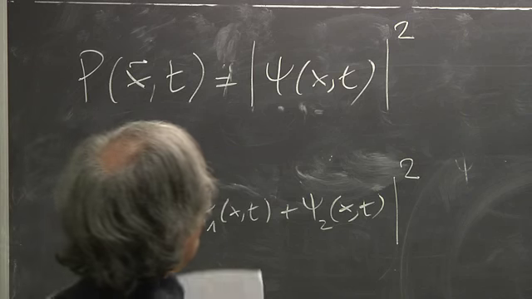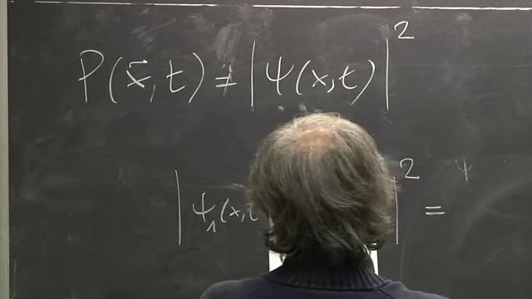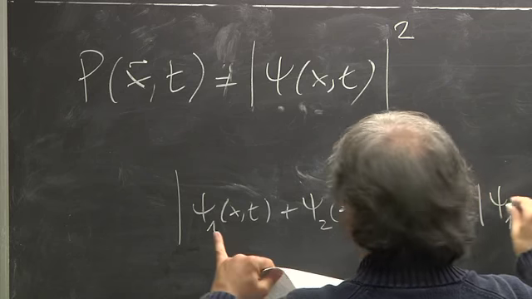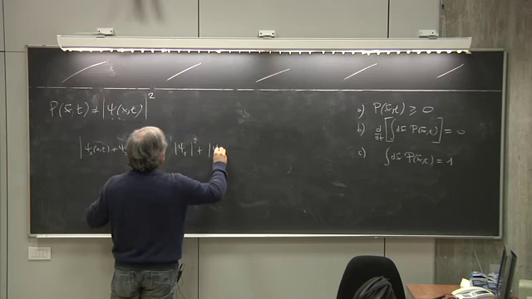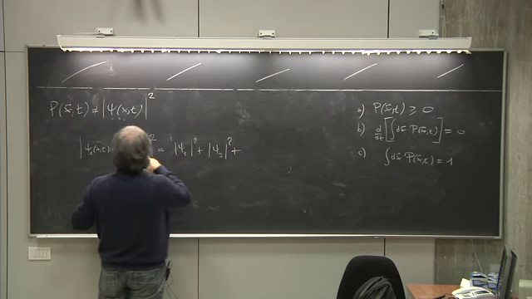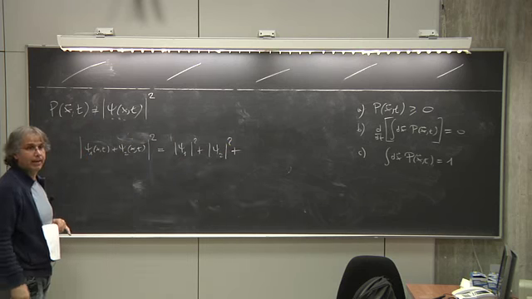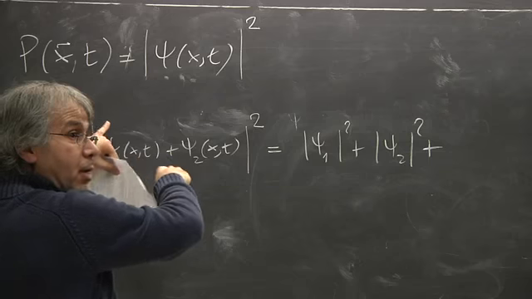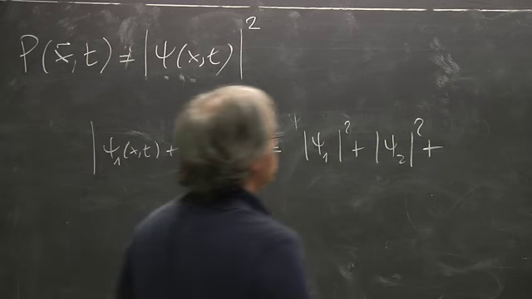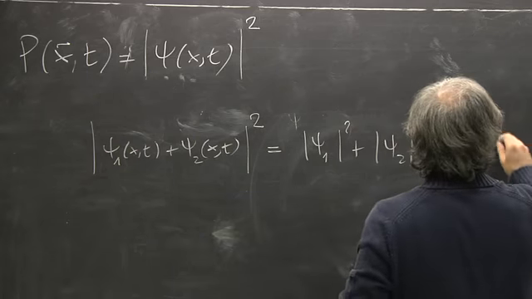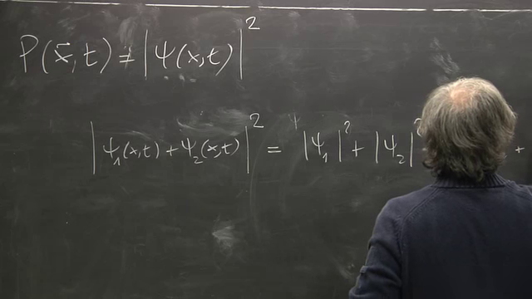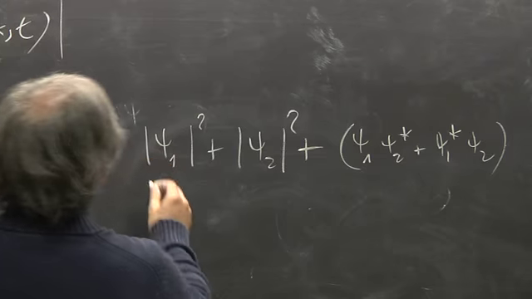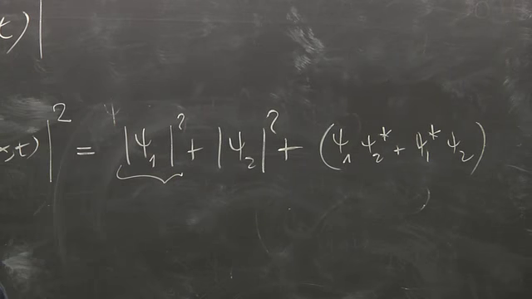Okay? So the square modulus of the sum is just equal to the square modulus of psi 1 plus the square modulus of psi 2 plus a term that comes from psi 1, psi 2 star plus psi 1 star, psi 2. Okay? So things of this kind. Now, this is the probability in the first wave.